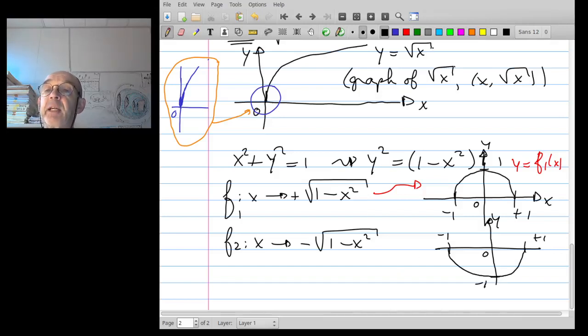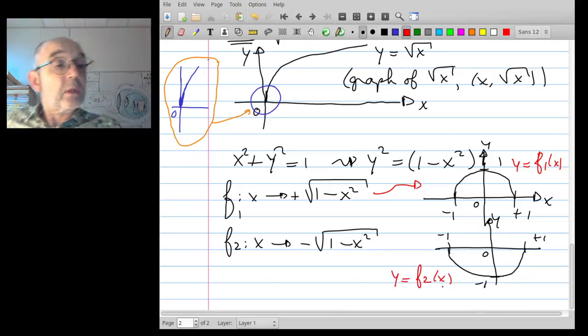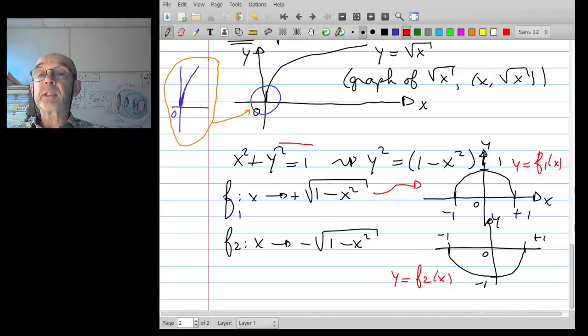And so here we have y is f2 of x. So you have two graphs. So we have one equation, and if you want to describe your y variable as a function of x, you have in a certain sense two functions.